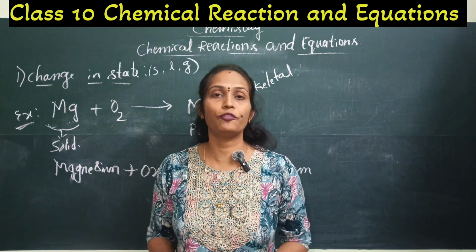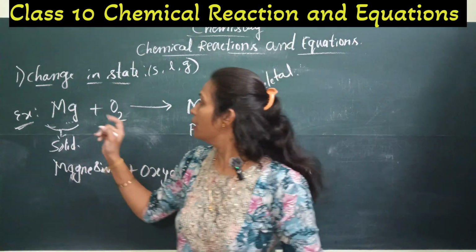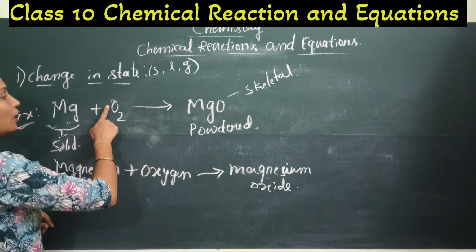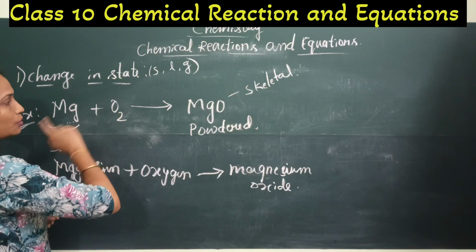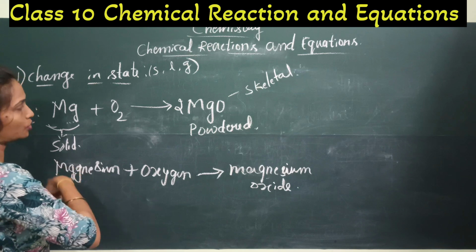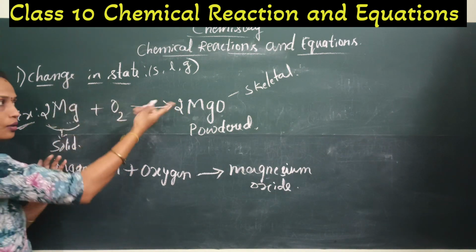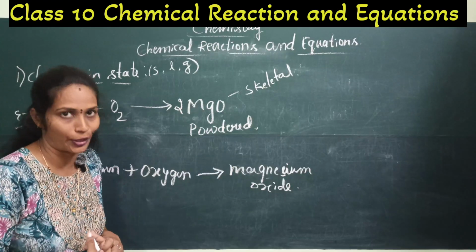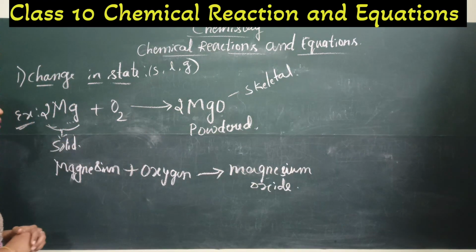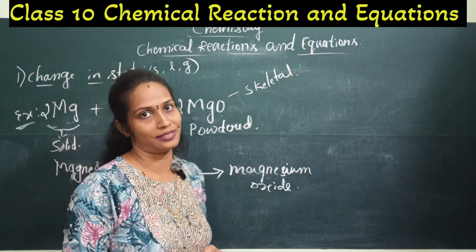Here magnesium is 1, magnesium here is also 1. Oxygen is 2 here, but here only 1 oxygen is there. I'll take it as 2. Now magnesium becomes 2. I'll tell you how the balancing works in later sessions. This is our first point about identification of chemical reactions.